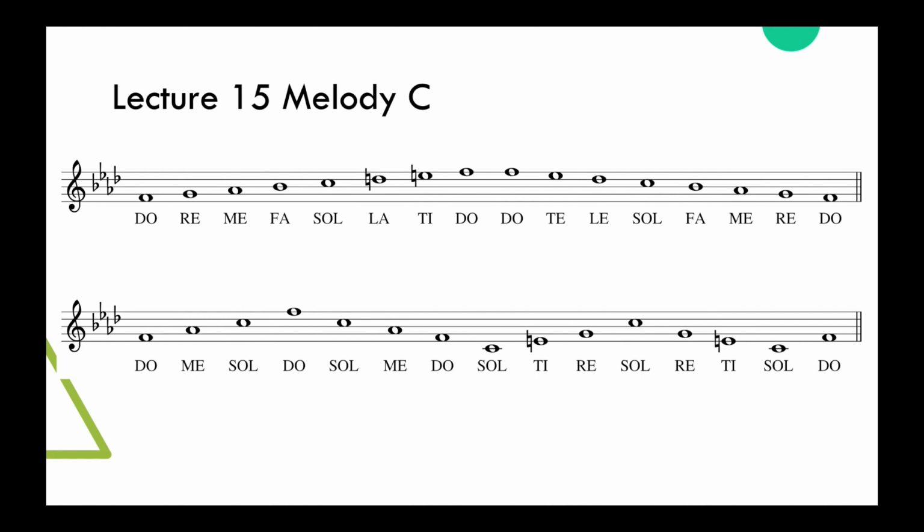When we get into the key for the minor mode examples, we're going to sing the melodic minor. Do, re, mi, fa, sol, la, ti, do, te, le, sol, fa, mi, re, do. I realize I should have put E flat and D flat above te and le.